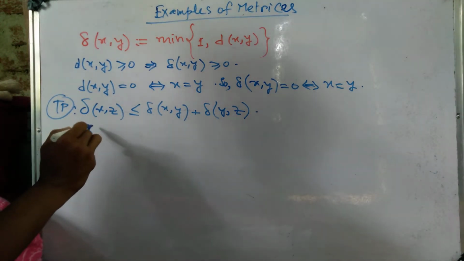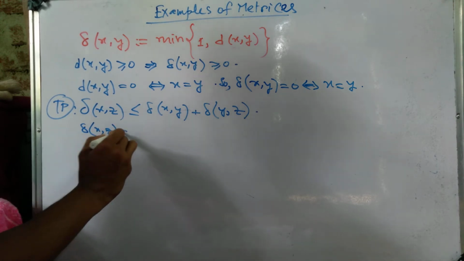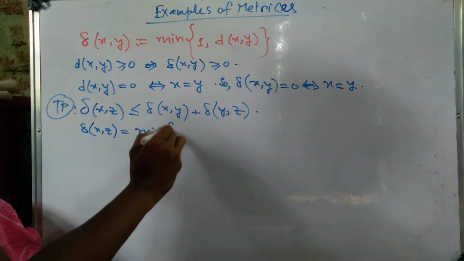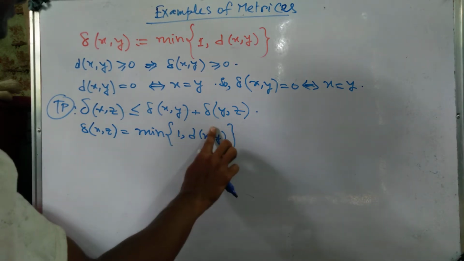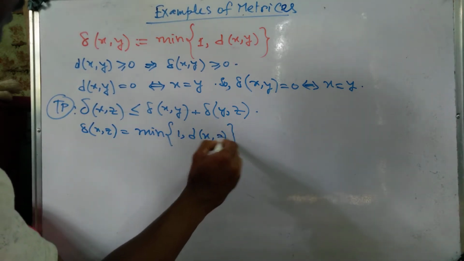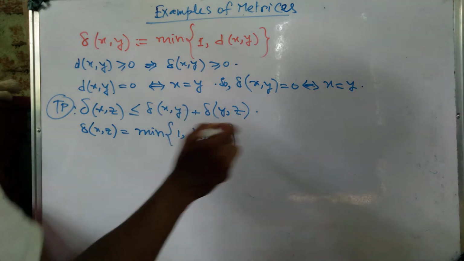Delta xz equal to the minimum of 1 and dxz. That means either 1 or dxz.